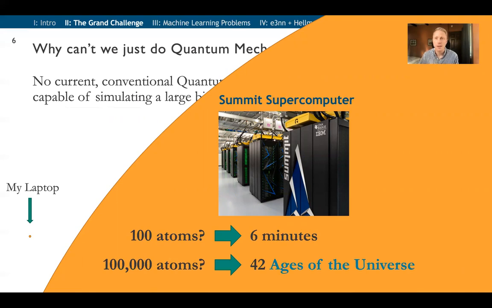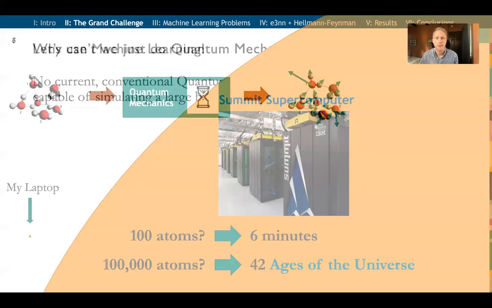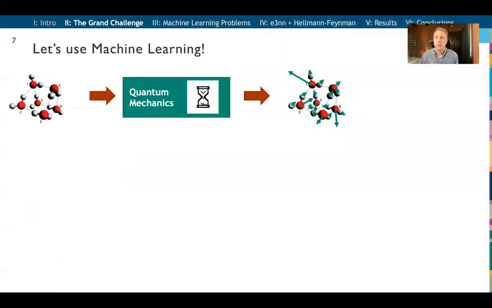So the point here is not to belabor how hard quantum mechanics is, but just to say that this scaling problem makes large calculations impossible. Not just impossible like let's build a bigger supercomputer impossible, but physically impossible, at least on classical computers. So what we want to do, and myself and many other people, is to circumvent this problem by using machine learning.